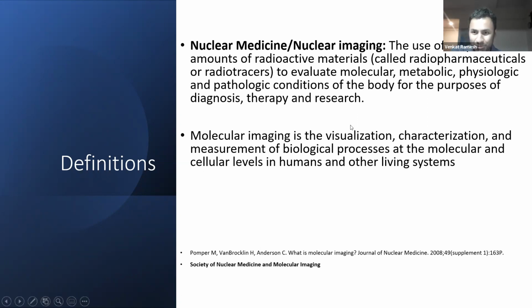The Society of Nuclear Medicine and Molecular Imaging defines nuclear medicine or nuclear imaging as the use of very small amounts of radioactive materials to evaluate molecular, metabolic, physiological, and pathological conditions of the body for the purpose of diagnosis, therapy, and research. Whereas molecular imaging is defined as the visualization, characterization, and measurement of biological processes at the molecular and cellular levels in humans and other living systems. So really complementary to each other.